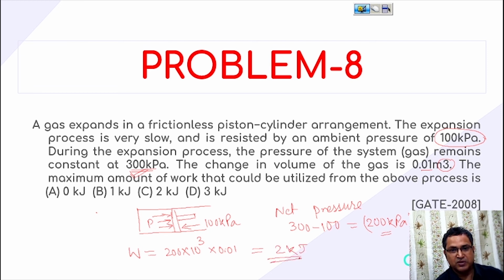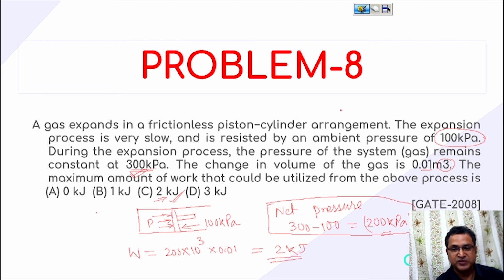So the total amount of work done is 2 kilojoules. This is our answer. Always remember, since the piston is resisted by the ambient pressure, you first have to find the net pressure, how much pressure is acting on the cylinder, and that is equal to the pressure exerted by the gas minus the ambient pressure.